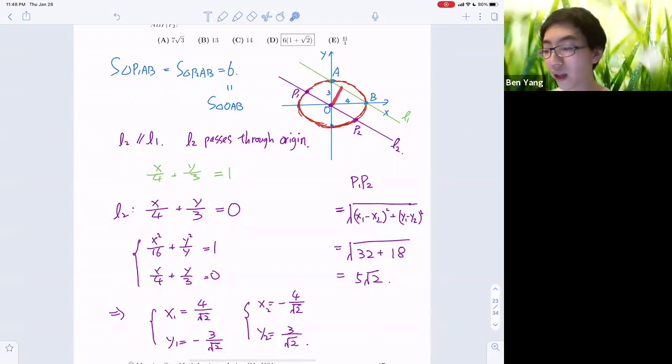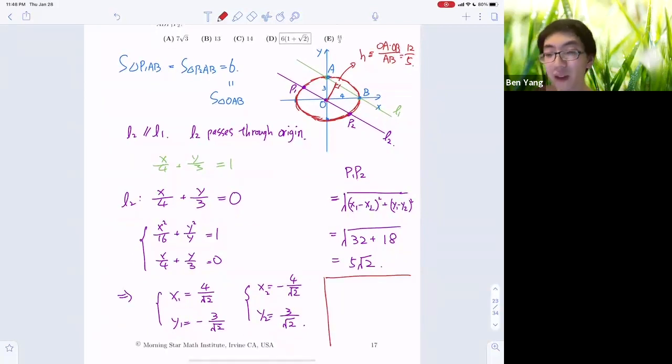If you look at the triangle OAB, we know that AB times this height is equal to OA times OB. So the height here is equal to OA times OB divided by AB, which is 12 over 5.